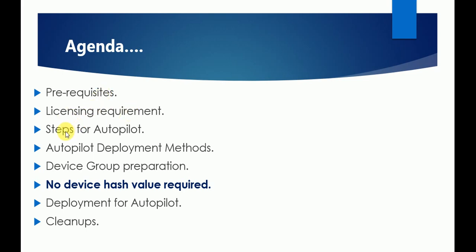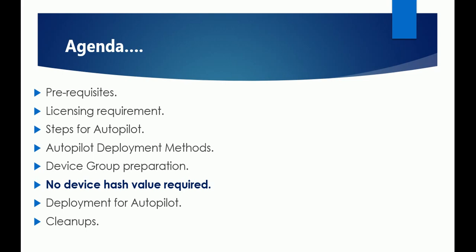license required, the steps for the Autopilot deployment, what deployment methods are available now in 2.0, device group preparation, how to prepare your device group. And here is one more point: no device hash value is required.